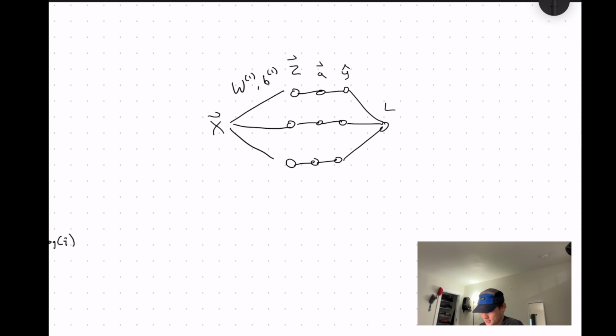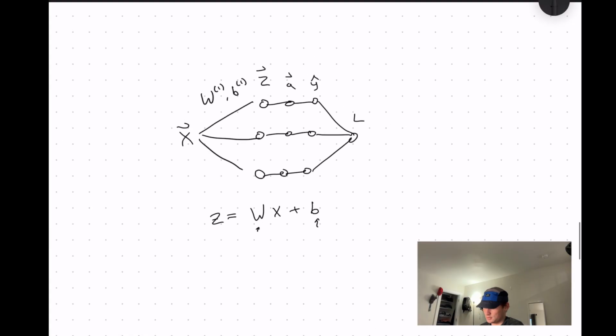Okay, so Z equals W X plus B, except this is a matrix now, and this is a vector.